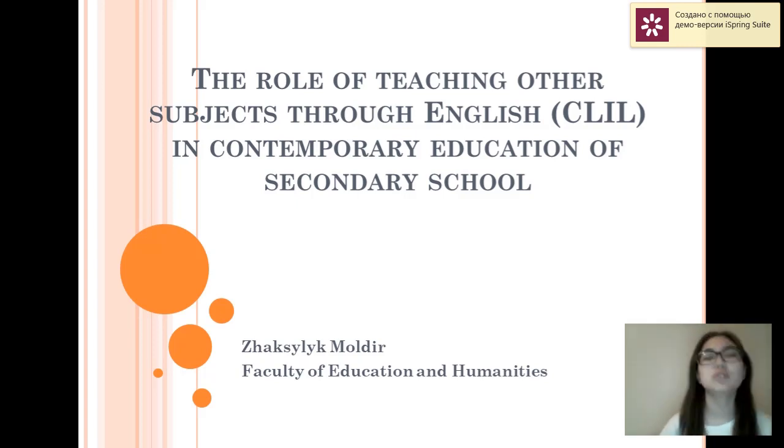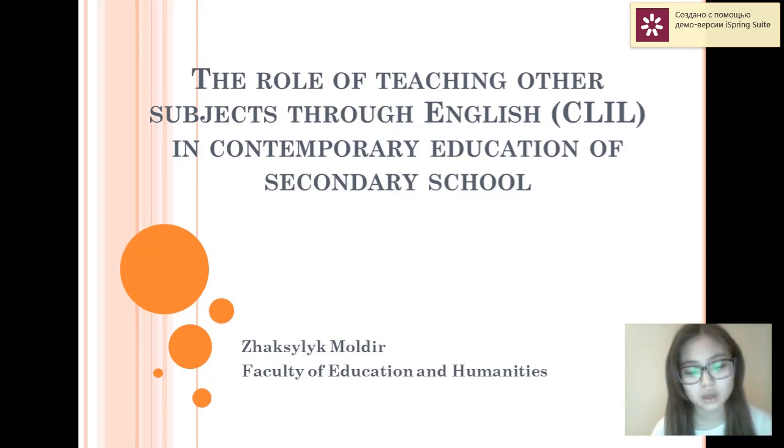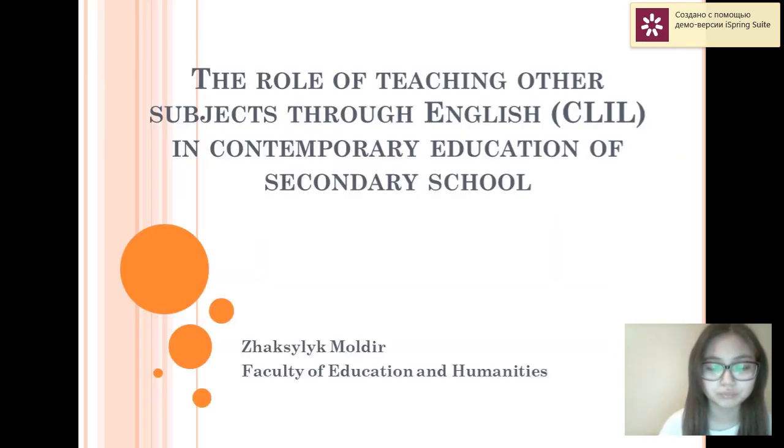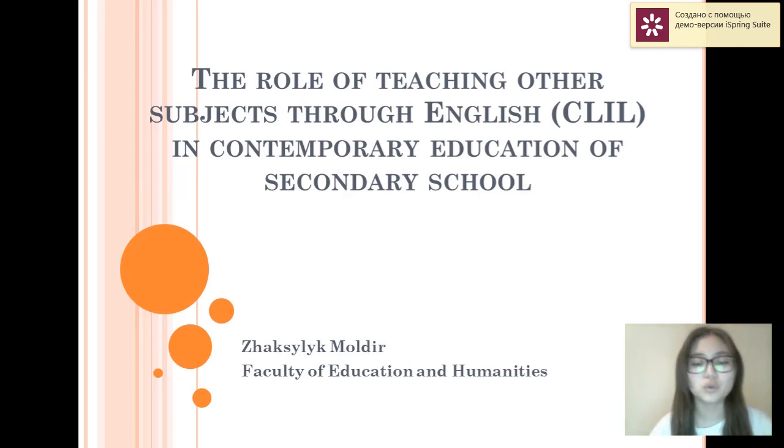Nowadays in our education, Kazakhstan uses various methods in studying English at school and at universities, and especially in secondary school. So consequently, teachers of secondary school use several approaches, methods, and techniques in order to improve the English language level from several sides.